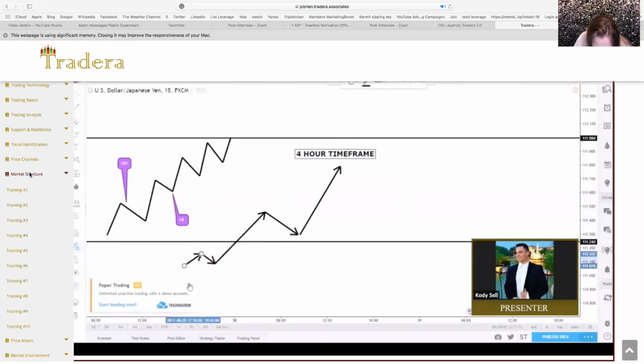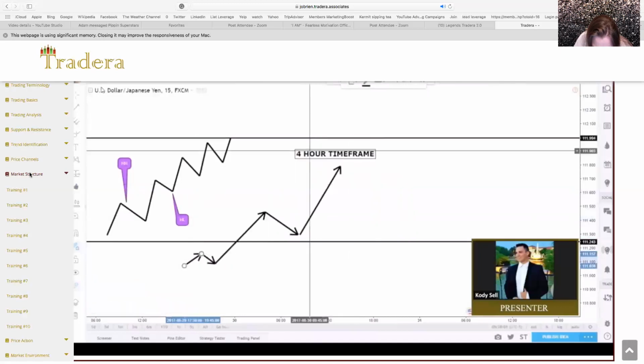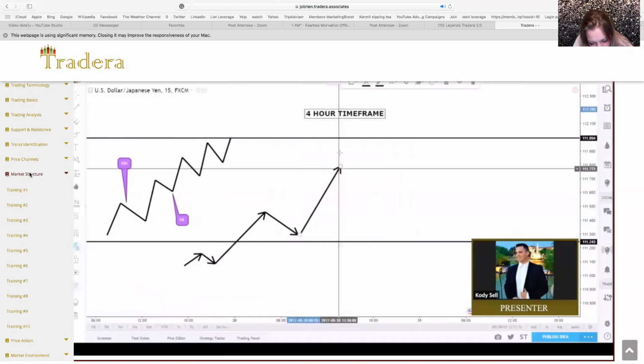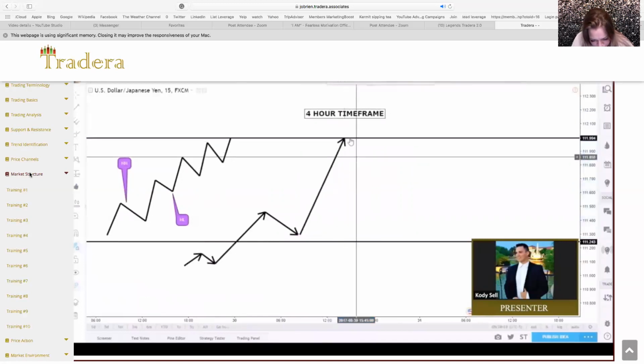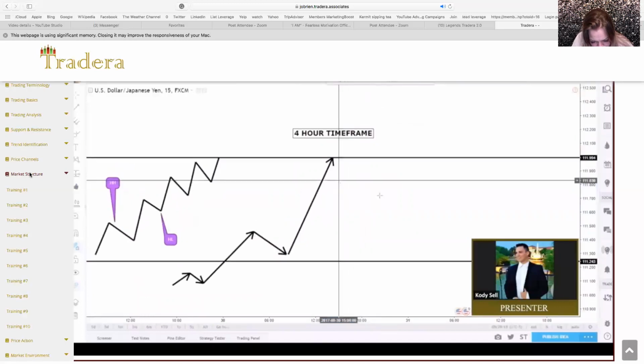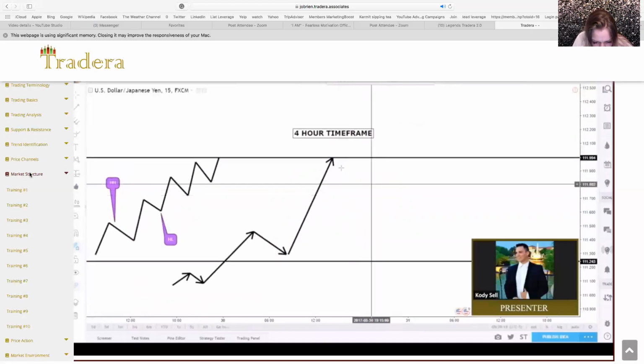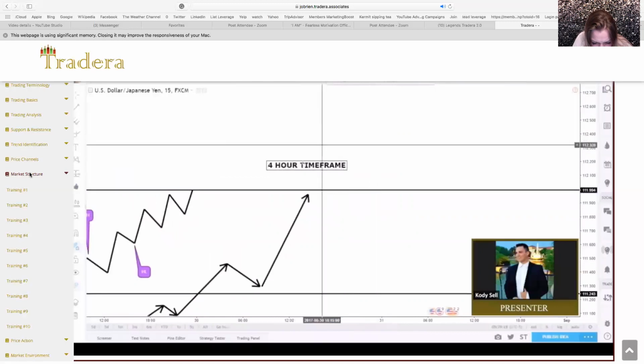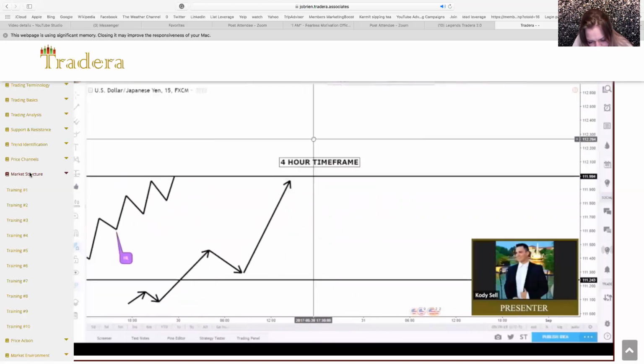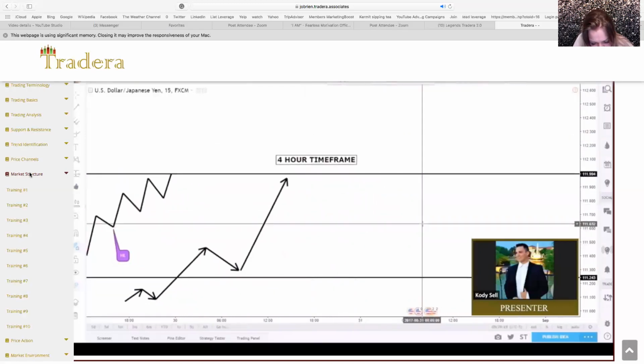But on a lower time frame, what are we seeing? If we're on a 4-hour time frame, price is heading up to this major resistance, and we're looking to potentially take a short trade from this level. What is a way for us to better time our entry and add confidence to the success of the trade?